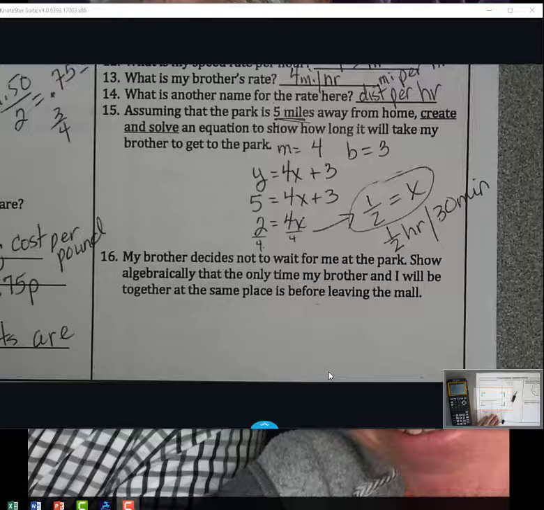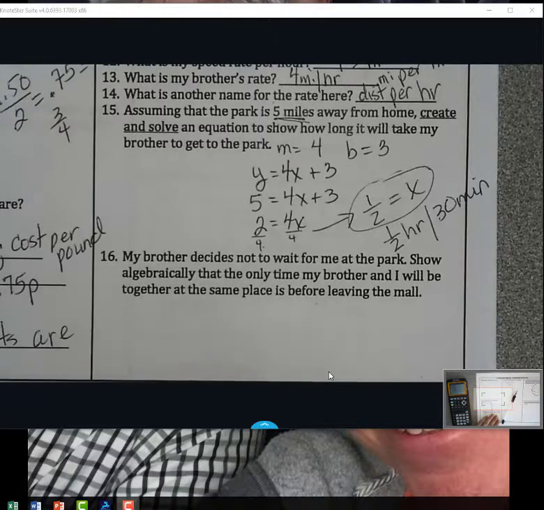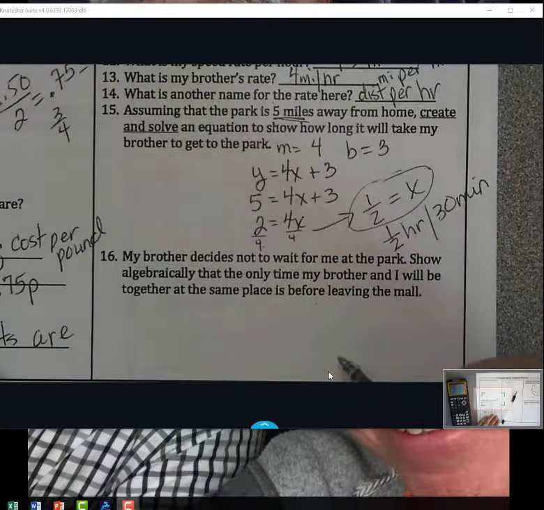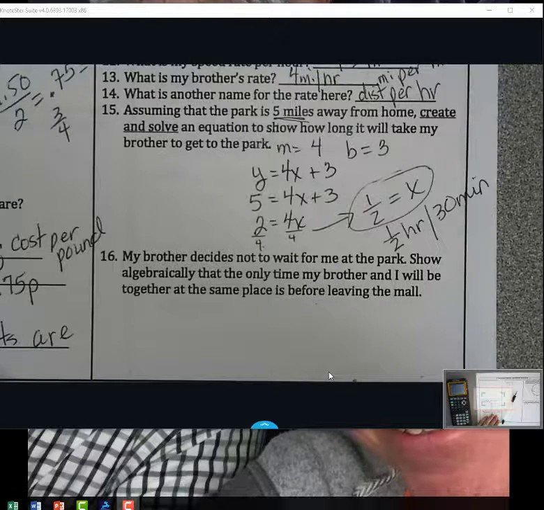My brother decides not to wait for me at the park. Show algebraically that the only time my brother and I will be together at the same place is before leaving the mall. Okay, so if they're both walking home, let me read it one more time. My brother decides not to wait for me. Show algebraically that the only time my brother and I will be in the same place.